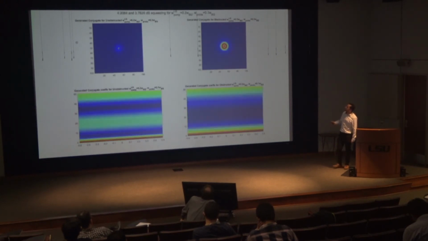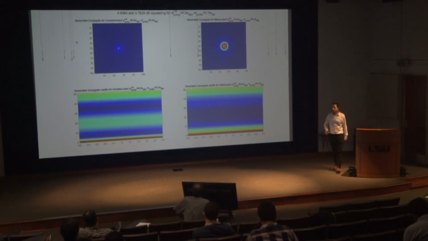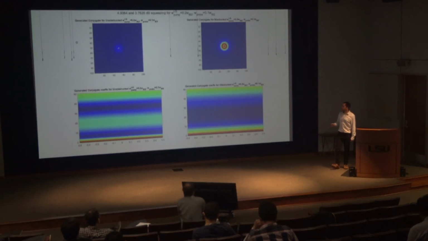But once you have an intermediate size pump and a small probe, I find a really Bessel-Gauss looking generated mode, as well as the self-healing mode. The generated mode also shows self-healing, and I saw up to 5 and 4 dB of squeezing for unobstructed and obstructed beams.